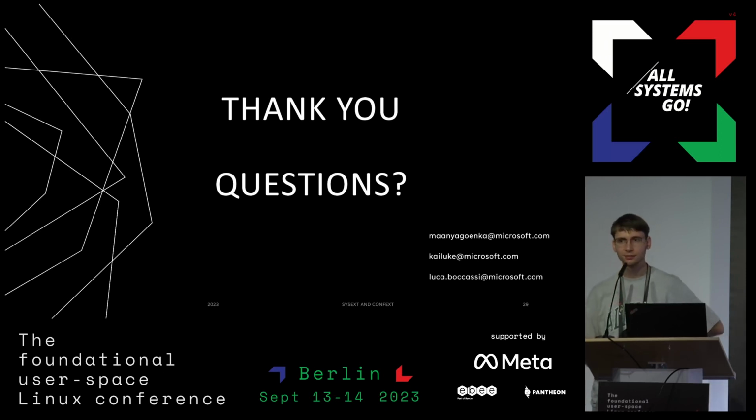I wanted to quickly say more about the condition question that was raised earlier. I think many of the checks that we can do with a condition, like for example checking for virtualization and things like this, we probably should have extension-release fields for. And the way we apply the extension-release matches should always be graceful, meaning that if it doesn't match the execution environment, we simply skip the image instead of generating an error. One of the use cases for system extensions is, for example, a cloud vendor inserting an agent this way.